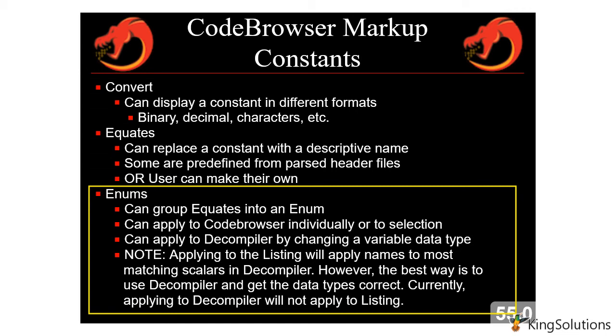Note: the apply enum action allows users to apply the enum names to multiple matching values in instructions. It only appears on the right-click mouse menu if the cursor is on a constant operand, or there are constant operands in the current selection. Applying equates and enums to the listing will rename most in the decompiler, however the preferred method is as follows.